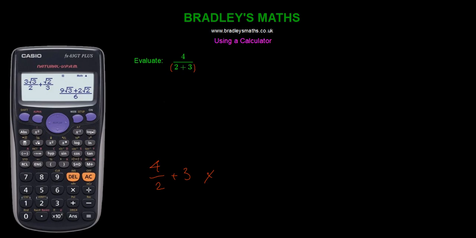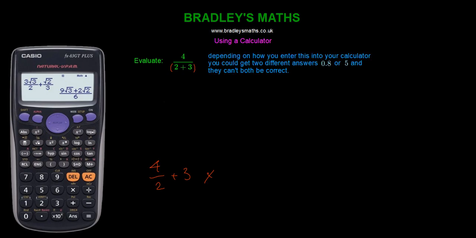I'll give you a simple rule for it in just a minute. So when we do this, you are going to get one of 2 answers, 0.8 or 5. And obviously, they cannot both be right. Okay? We will find out which the right one is shortly.